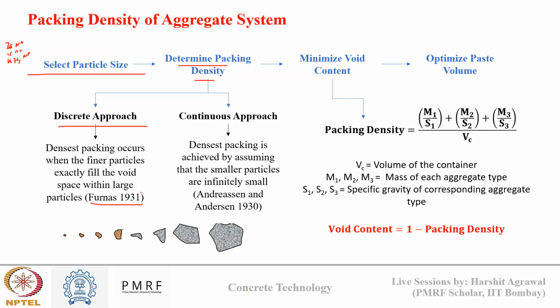So this approach says that densest packing occurs when fine aggregate exactly fills the voids within the larger particles. Okay, so this is the statement that was given by the scientist. However, this approach has two major limitations.